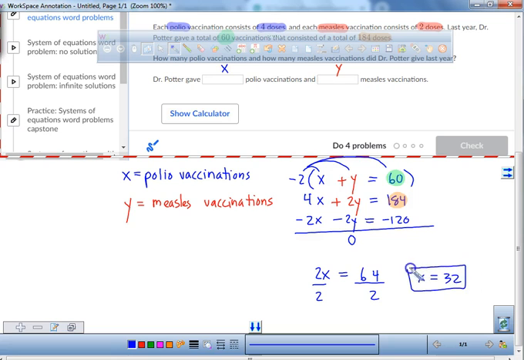Now what does that mean? That means I have a total of how many polio vaccinations? 32. Now, in order to find the measles vaccinations, all I have to do is take it away from a total of 60. So all I got to do to find my measles is go 60 minus 32.